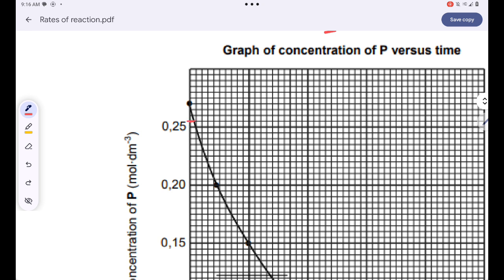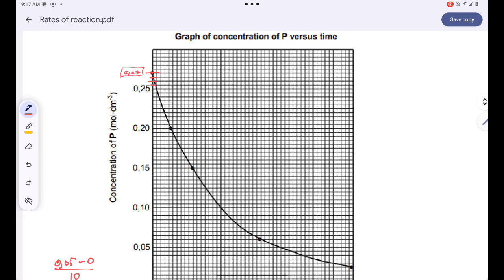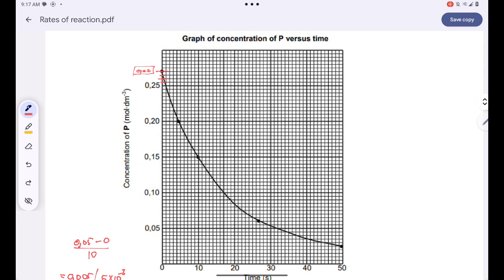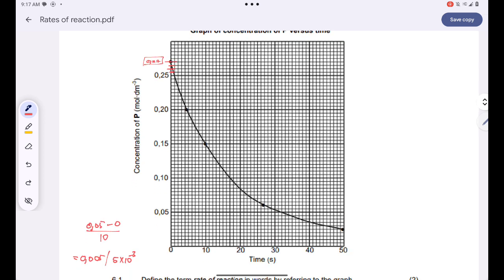This value over there will simply be 0.255. Then I'll have 0.26, and then I'll have 0.265, and then the initial concentration will simply be 0.27 moles per cubic decimeter. So the initial concentration of P is basically 0.27 moles per cubic decimeter.